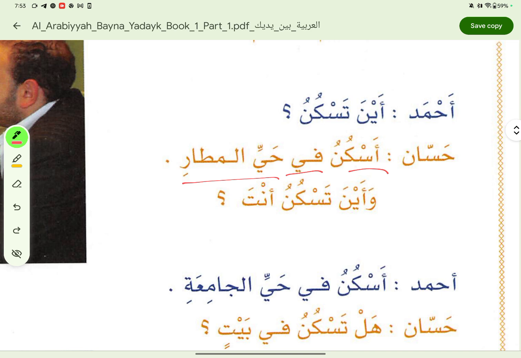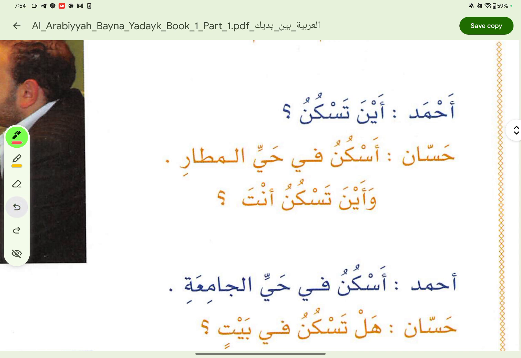It's weird in a sense because we don't really say that in English. We don't say neighborhood matar. But they use the word hay here to refer to like a district as well, to a district or this area that people live in, a place that people live in, which is normally a district. So Hayy al-Matar, like the airport district, for example, or the airport neighborhood.